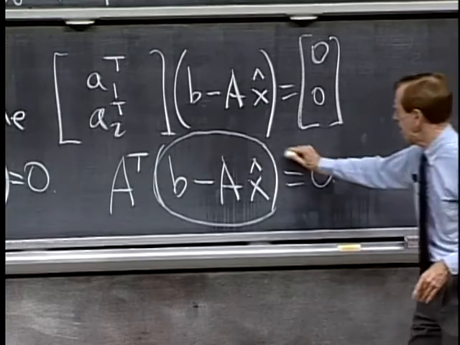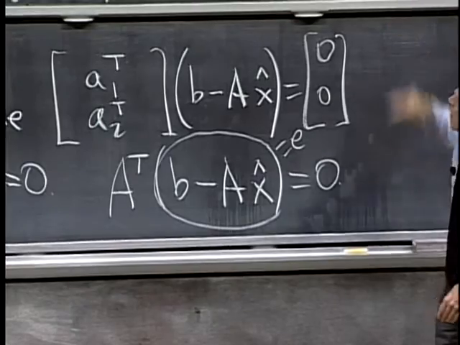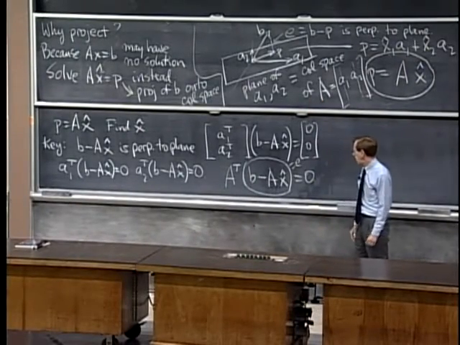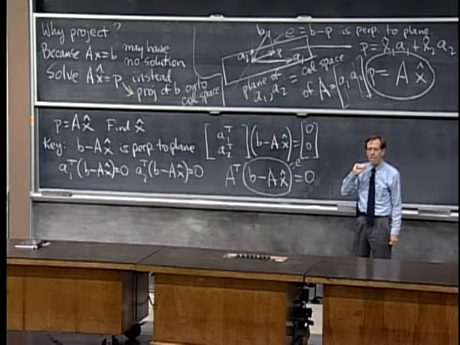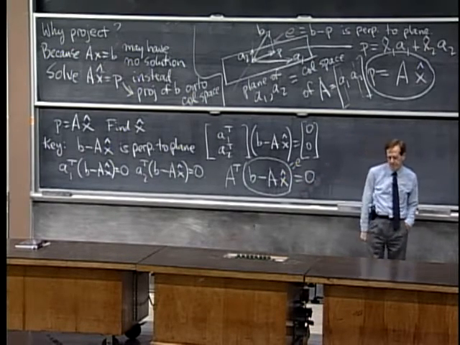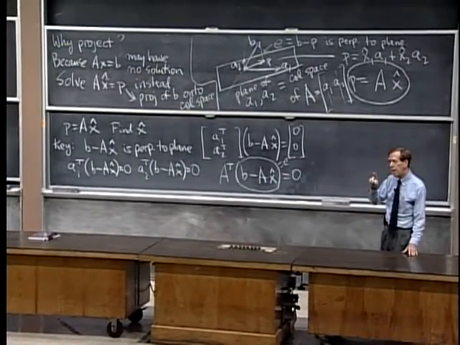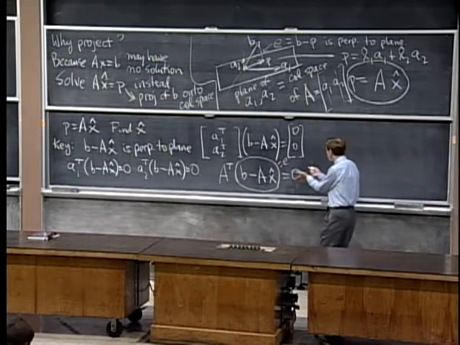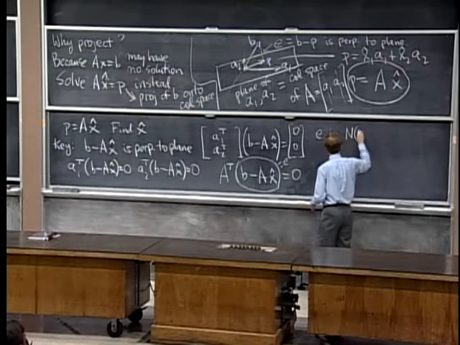This is nothing but E, coming down perpendicular to the plane. Well, the equation is saying A transpose E is 0. So I'm learning here that E is in the null space of A transpose.